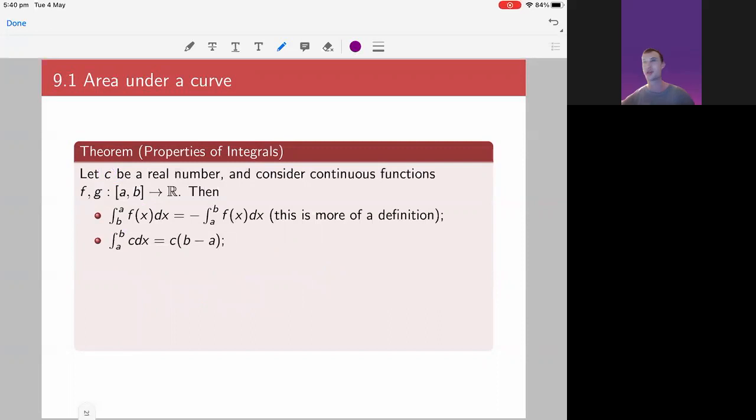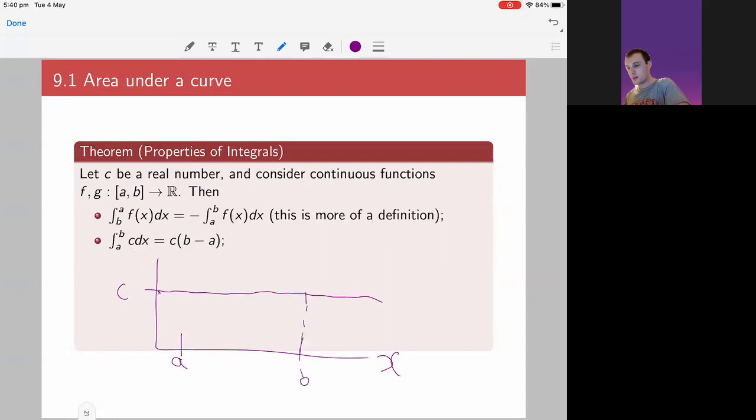This is an interesting one because this is an example where you don't actually need the theory of integration to find the area underneath the curve. Let's have a look at this function here, which is just constant. What is the area underneath this curve? Well, obviously, the answer is c times b minus a.